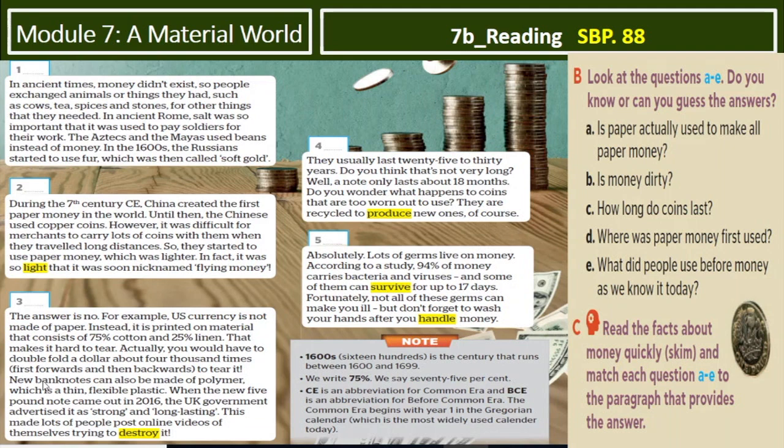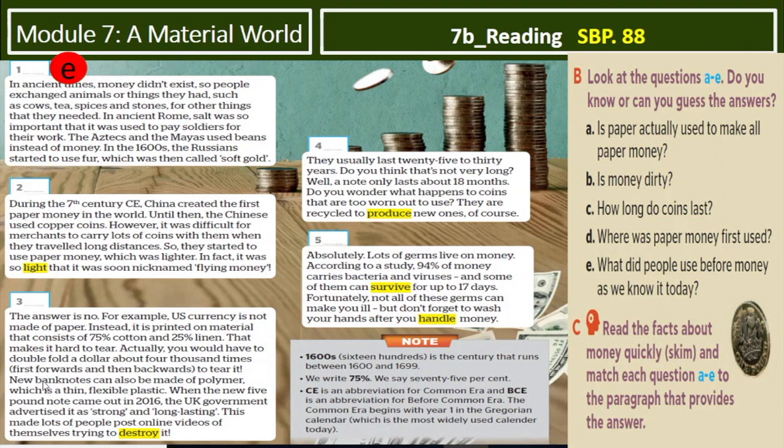Now read the paragraph quickly in your student's book page 88 and try to figure out the suitable heading that matches this paragraph. Correct? Number 1? Yes? Great. Number 1 is E.